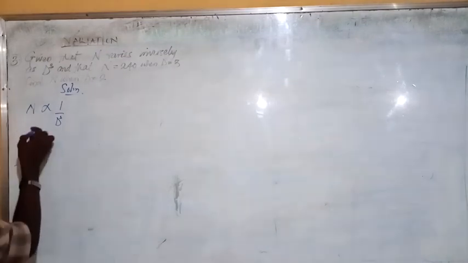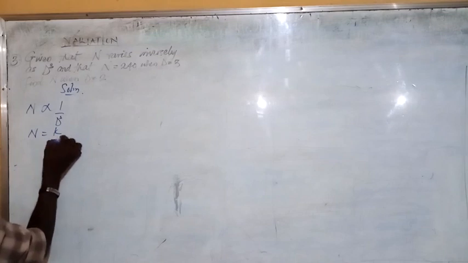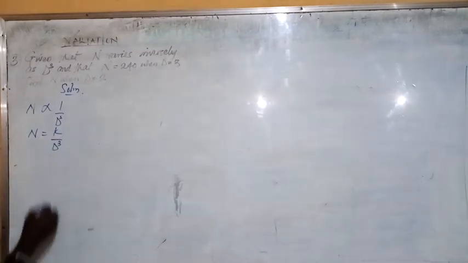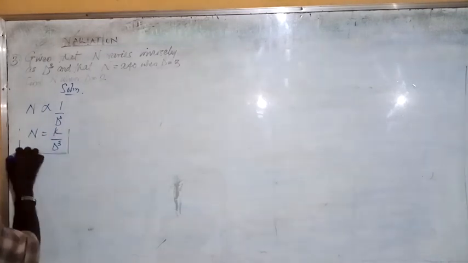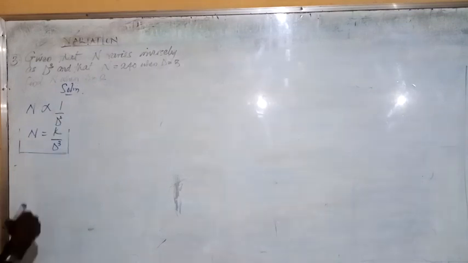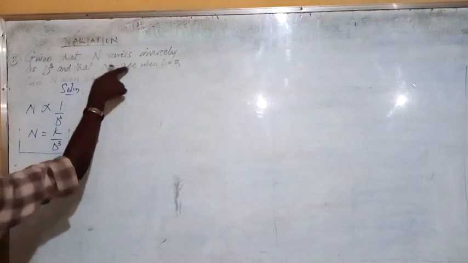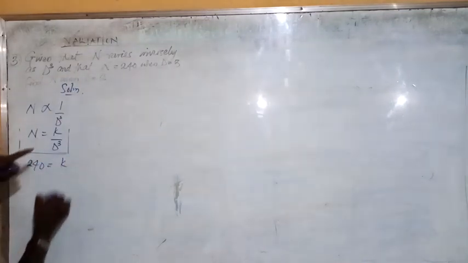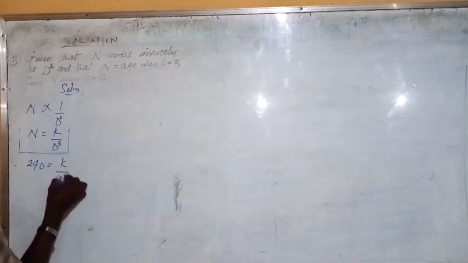So the same way we introduce the constant, so we have n will be equal to k times 1 over d cubed, which will be n equal to k over d cubed. So this is like our formula now. Then we can begin to slot in our values. It says that n is 240, so we have 240 is equal to k over d cubed. d is 3, so 3 raised to power 3.